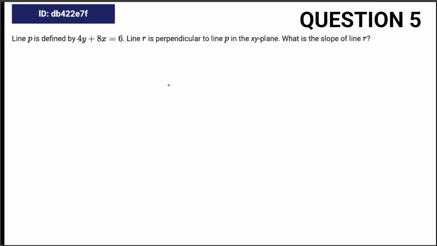So for lines that are perpendicular, if the slope of one line is 14, then the slope of a perpendicular line would be negative. Think of this as 14 over 1, so -1 over 14. You simply flip it and add a negative.